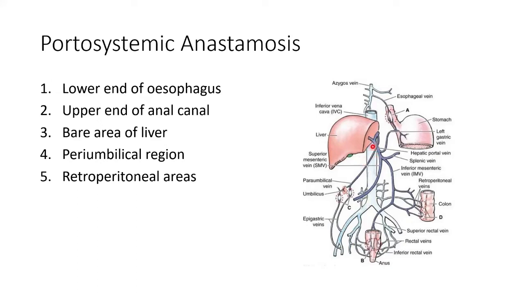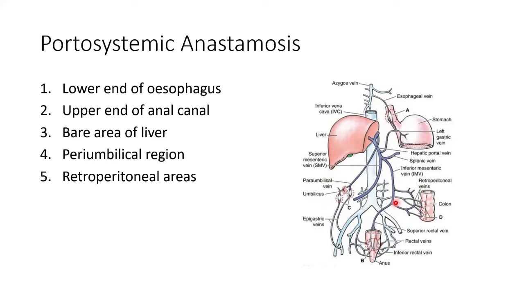And because blood travels through these anastomoses, they start to dilate. In a normal person, they are not very prominent, but if blood starts to travel through them, they dilate and cause various symptoms.